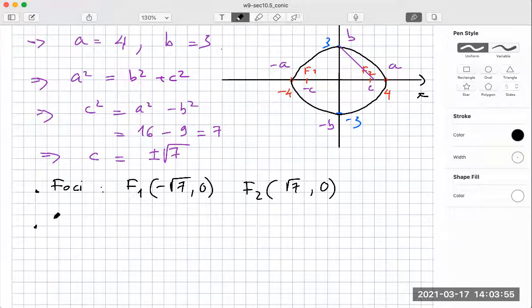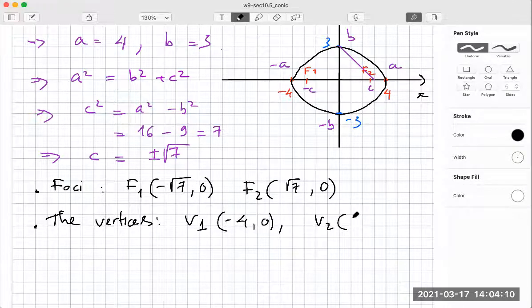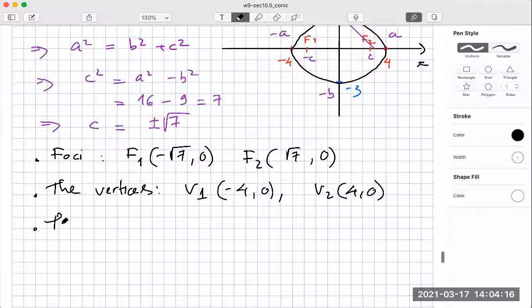And the vertices, let us call it V1, it should be, V2 is, very good, great. And the major axis will be V1, V2, right?